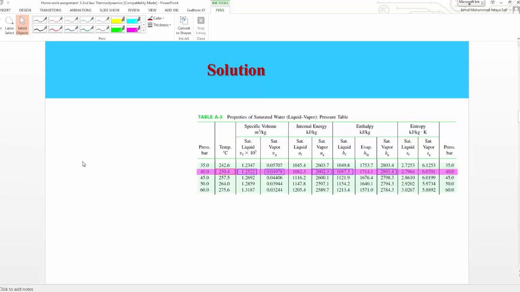So let's start with calculating or getting some of the numbers from the tables.